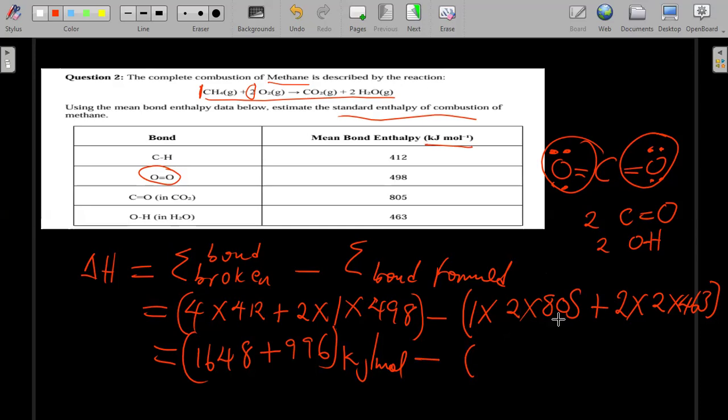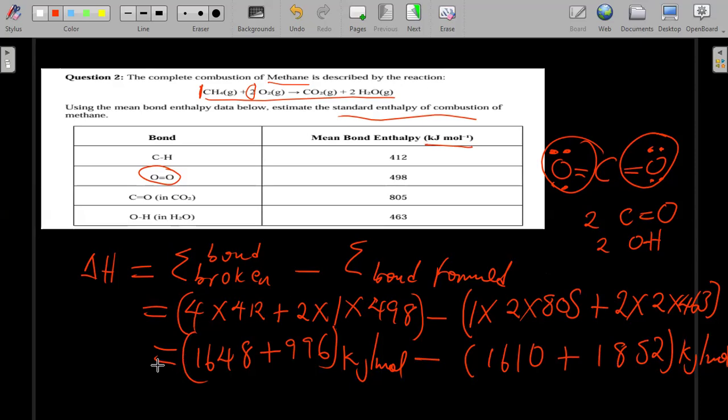Then 2 times 805, we're going to get 1610. Plus, we have 2 times 2 there, that's 4. Then 4 times 463, which gives 1852. This is also in kilojoules per mole.